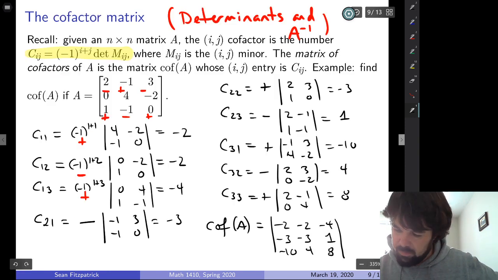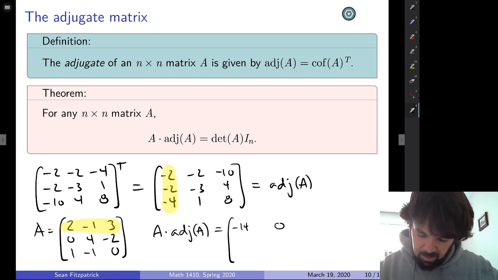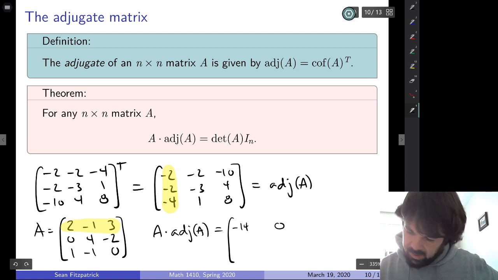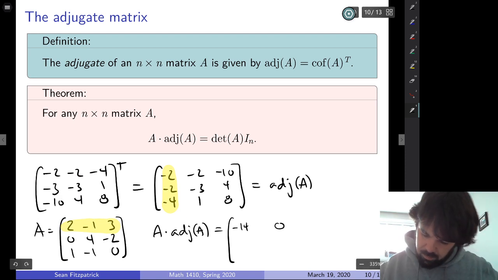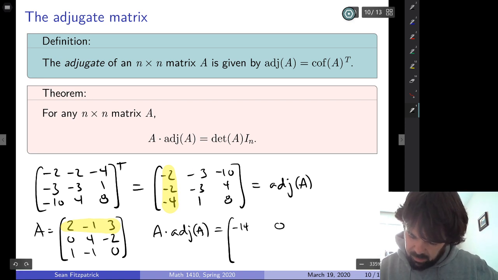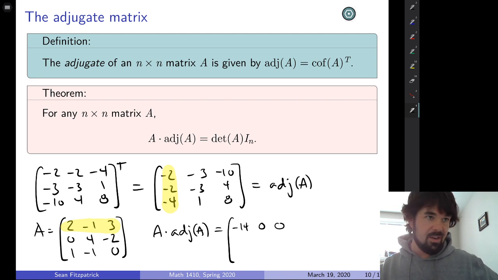No. Cofactor from the last slide is wrong. Okay. 2 minus 2 minus 2 minus 4. Minus 2 minus 3. There it is. I got it. Yep. Thank you. That's a 3. Okay. So that's a 3. And that does give me a 0 now. Good. All right. Thanks, everyone.